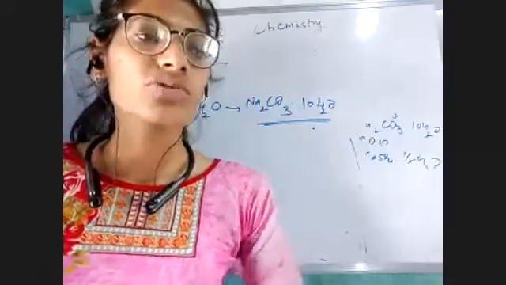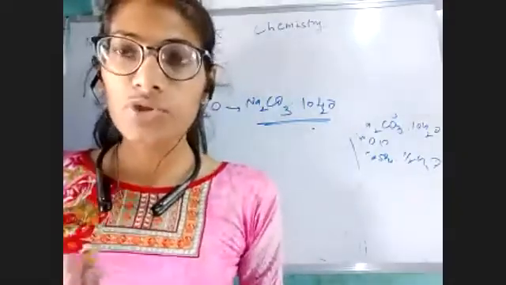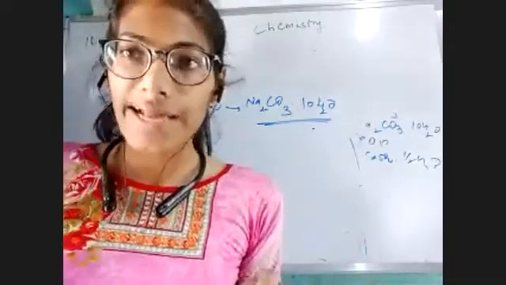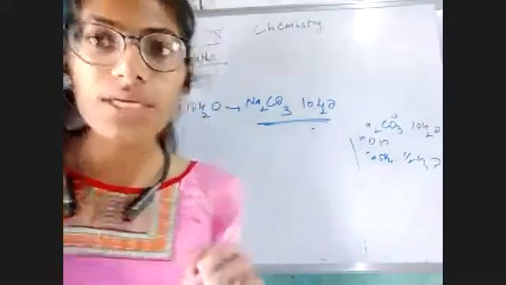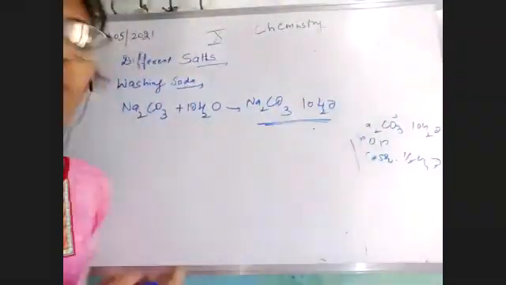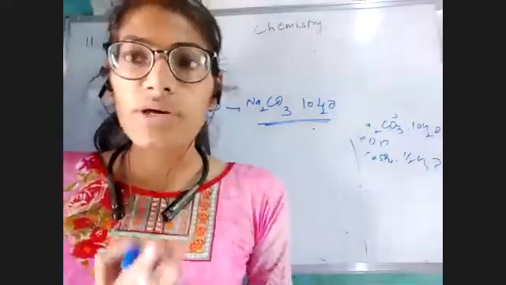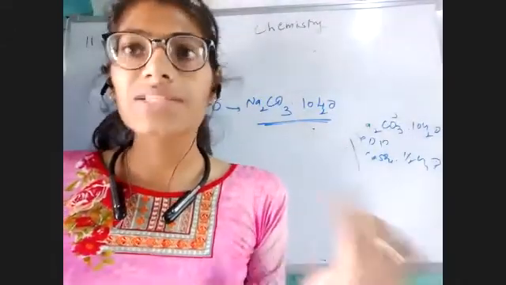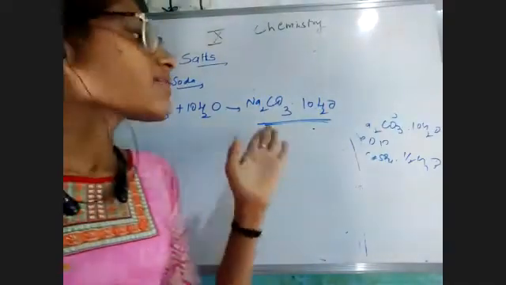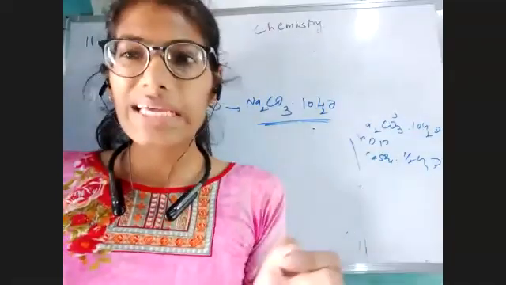Okay, so the basic composition of washing soda is sodium carbonate, but it is combined with 10 moles of water, and these 10 moles of water, which I'm representing with the dot, are known as water of crystallization. We will see about this. But now the question arises: is washing soda wet in nature?